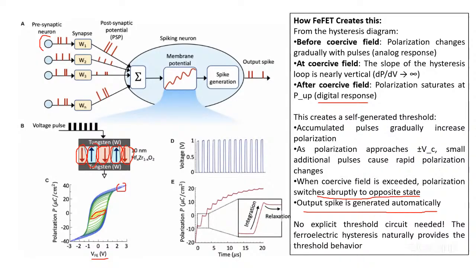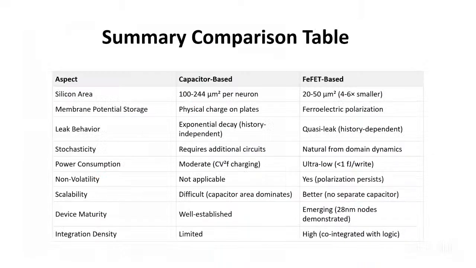So if we compare the two kinds of approaches, one is the capacitor based that we saw, which uses the leaky integrator and comparator, and the other is the FEFET based. The capacitor-based one requires a very large area of 100 to 244 micrometer square per neuron, and the FEFET based is much smaller.